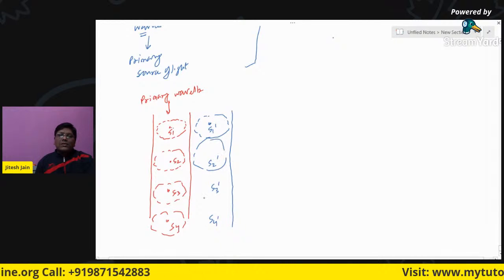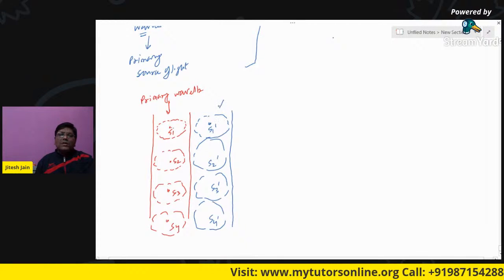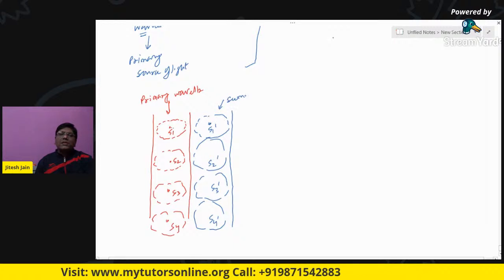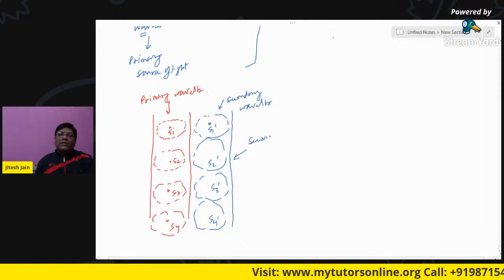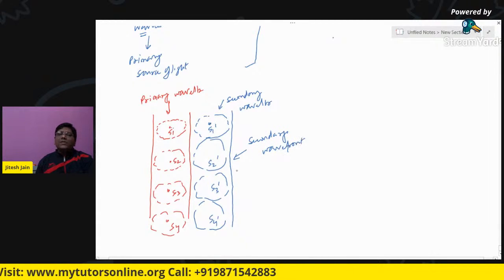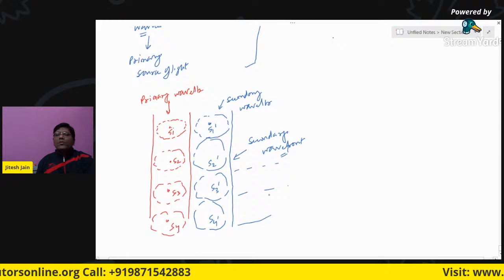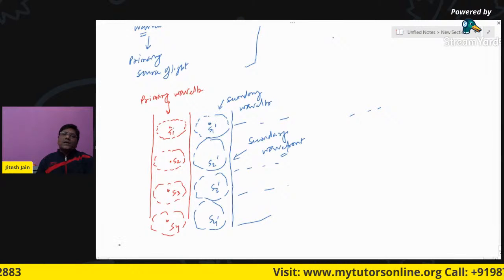These are the secondary wavelets, and this will be the secondary wavefront. In this way, he said that the light is going to propagate further, and so on.